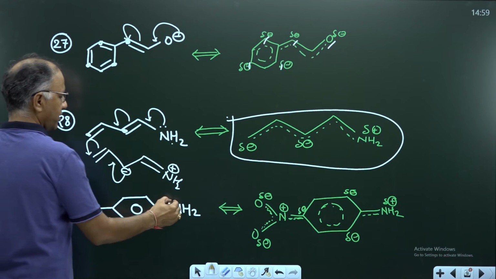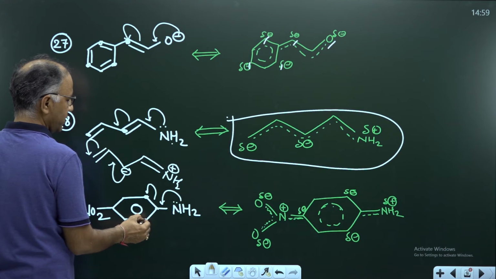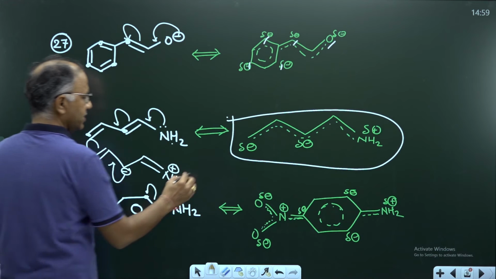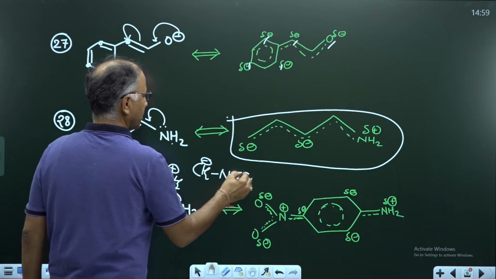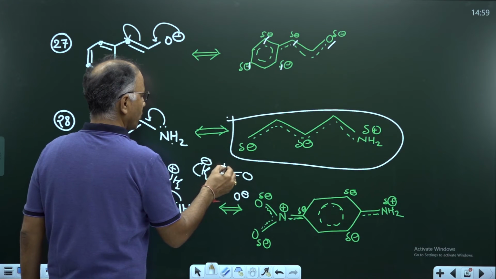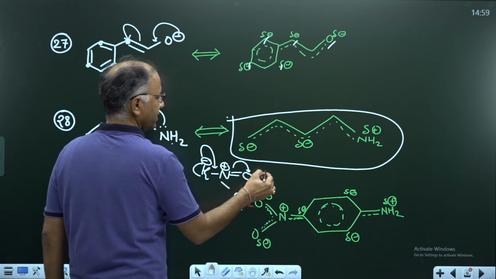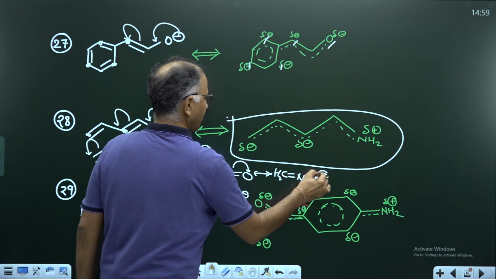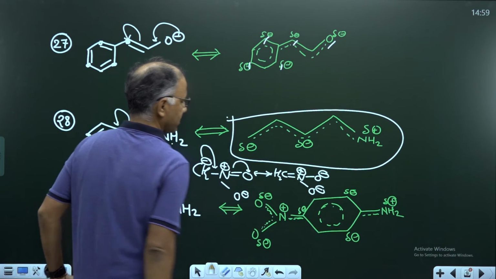And in the 29th, the lone pair undergoes resonance, negative comes on this carbon, and then this carbon. And one more thing is there, the NO2 will also undergo resonance. If there is an NO2, this means the negative charge and pi bond undergo delocalization. We can draw this resonating structure.